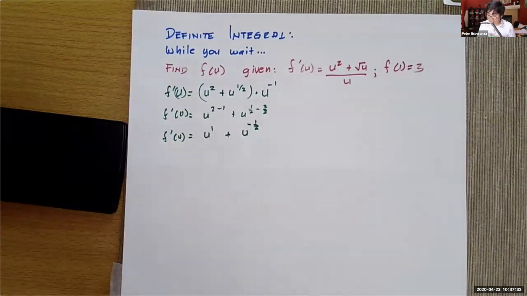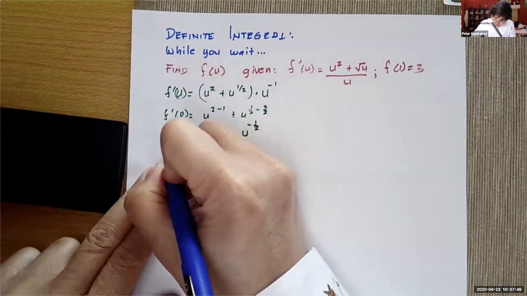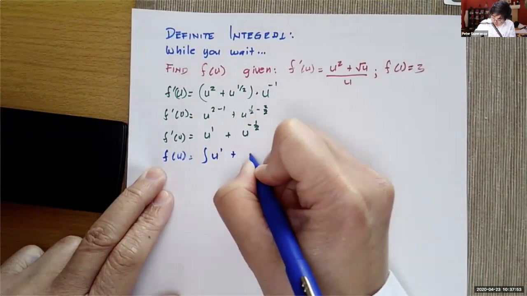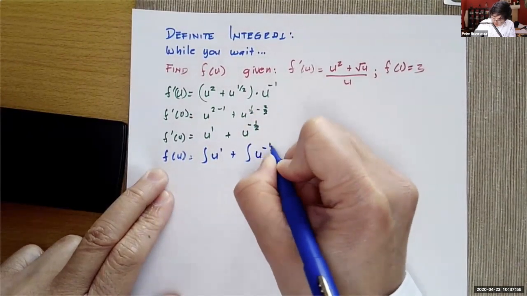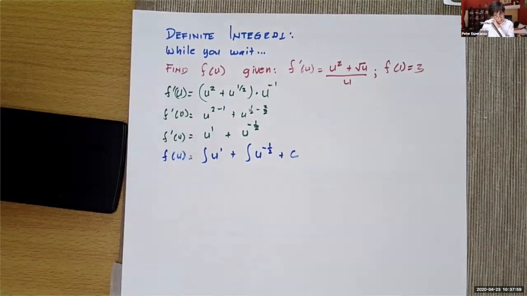Now that we have our modified version of f prime of u, we can use the power rule of integration. All right, let's do that. So f of u is equal to the integral of u to the 1 plus the integral of u to the -1/2 plus the constant c. We just need to evaluate this.